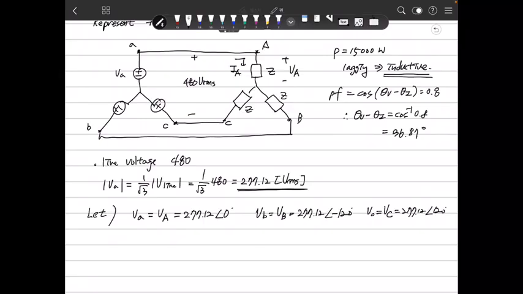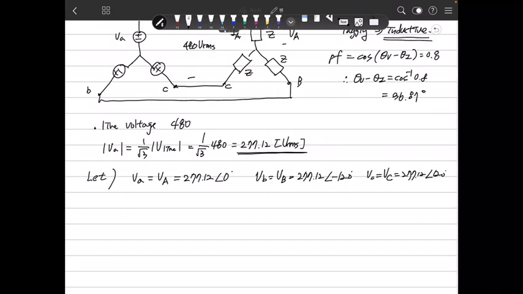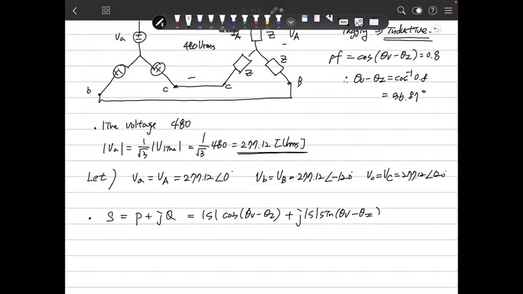Therefore, we have the complex power, P plus jQ. The magnitude of that is the apparent power times cosine (θV minus θI) plus j the apparent power times sine (θV minus θI).